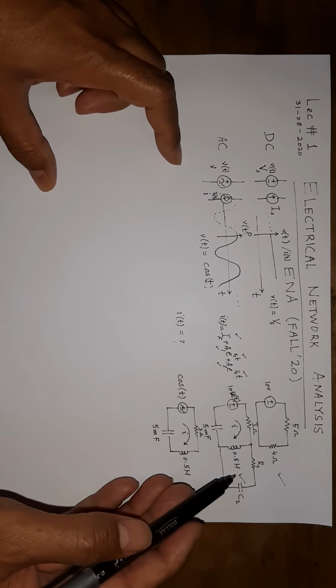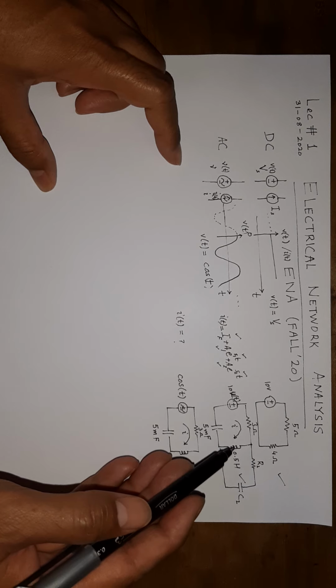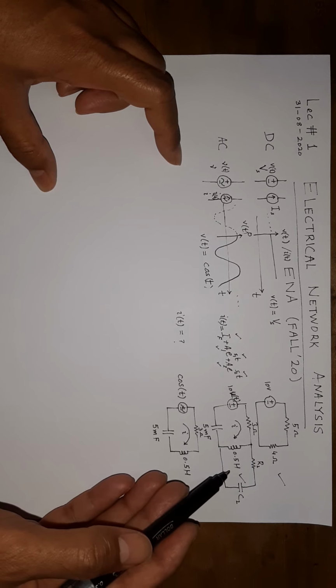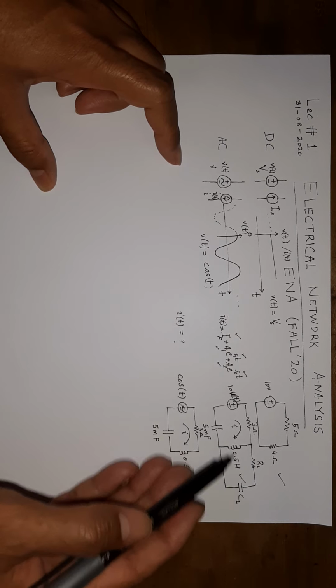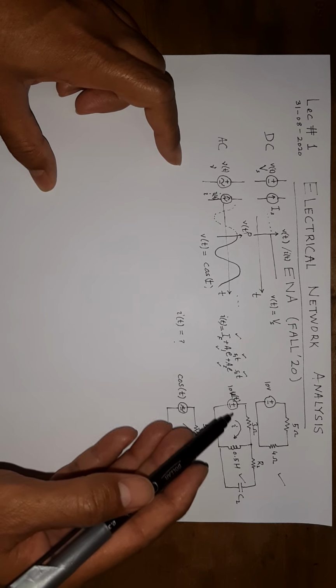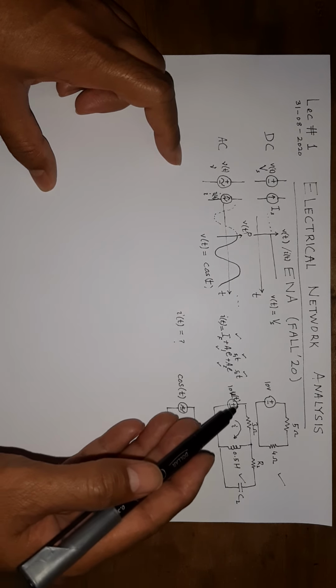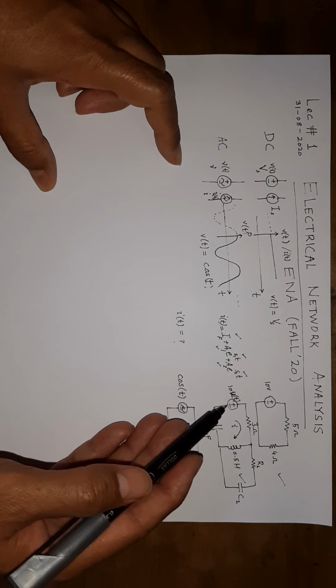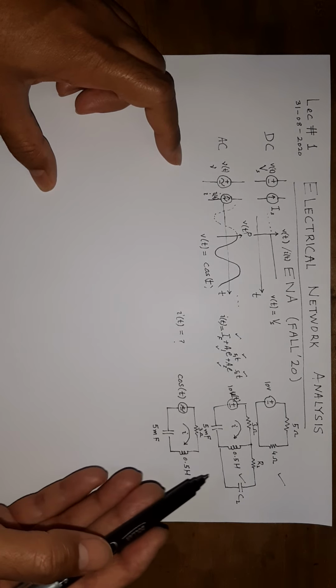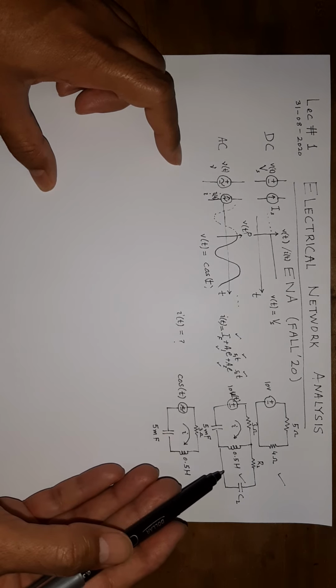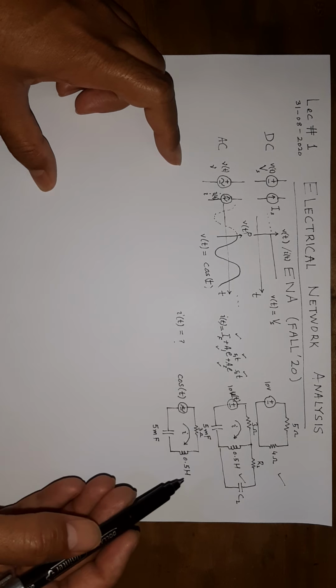So we cannot resolve this into a series RLC or parallel RLC. It's not easy for us to solve this even with LCA knowledge, even though this source is a DC source. So we need some newer methods that can help us solve this one.